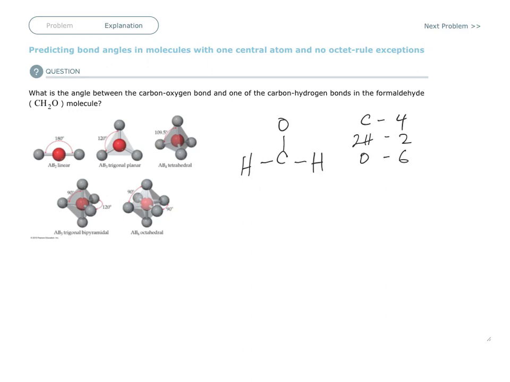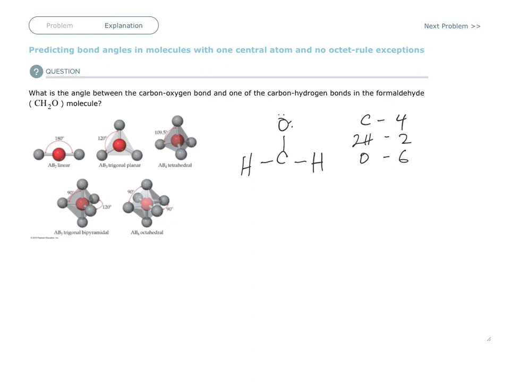I need an octet around carbon, and that's a problem because there's nothing else attached to carbon. So my guess is I'm going to have a double bond. Let's finish the oxygen and see if I have leftovers. So oxygen has 2 right now. There's 4. There's 6.